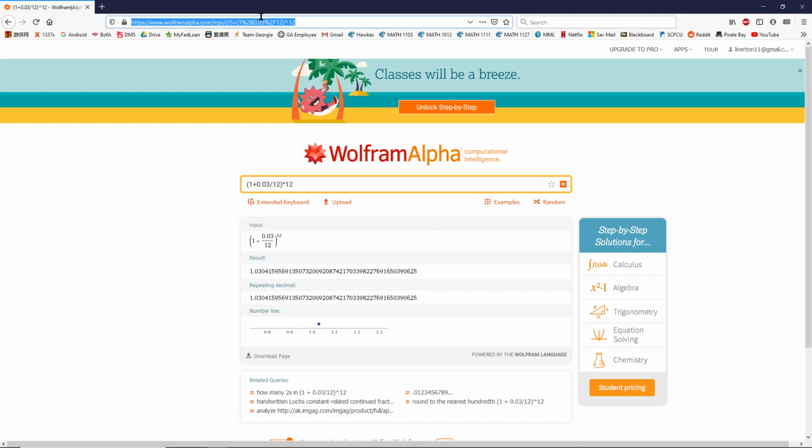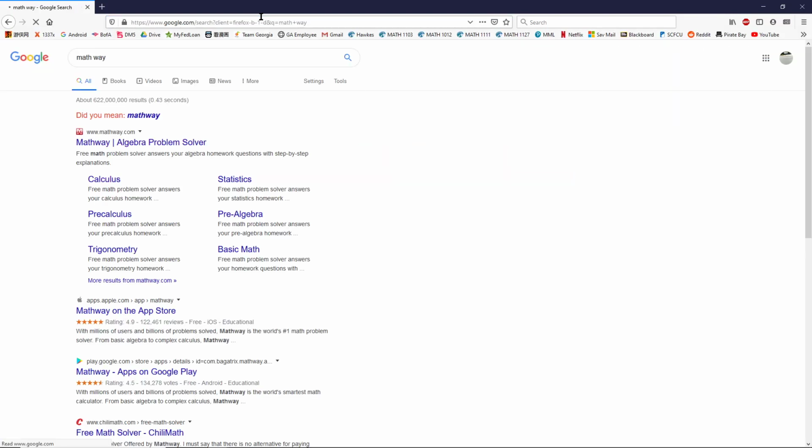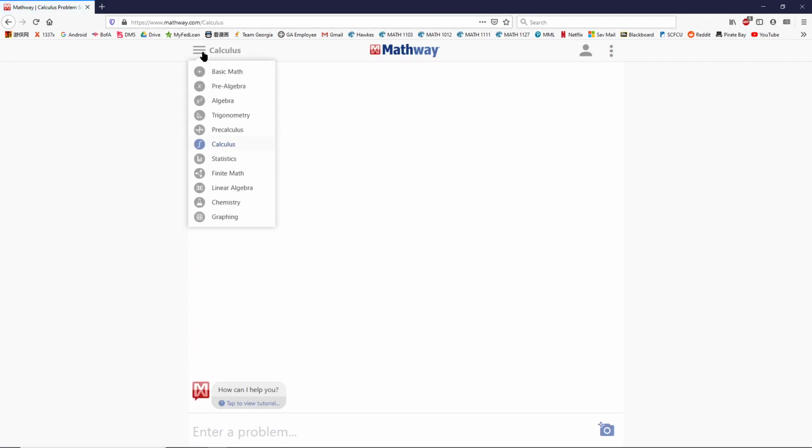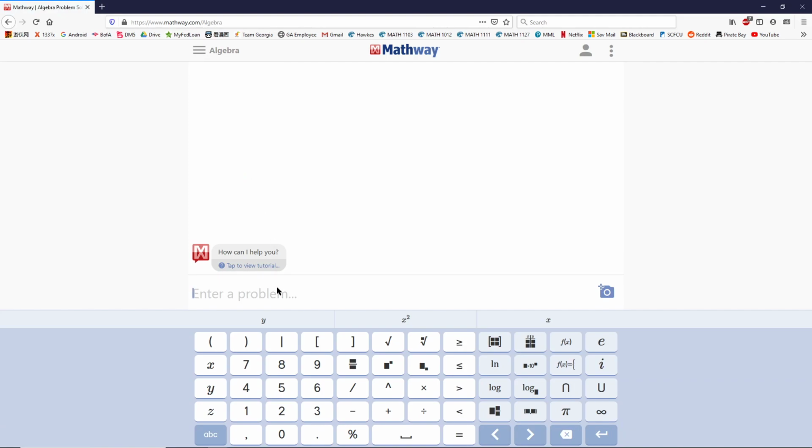So another way to do it is MathWay. MathWay is a little bit better, in that you can go to algebra right here, and you see how they have the fractions and stuff like this. So that's a little bit easier, just a little bit. So you can do it like that, and then you can type in 1, I don't know, 12.